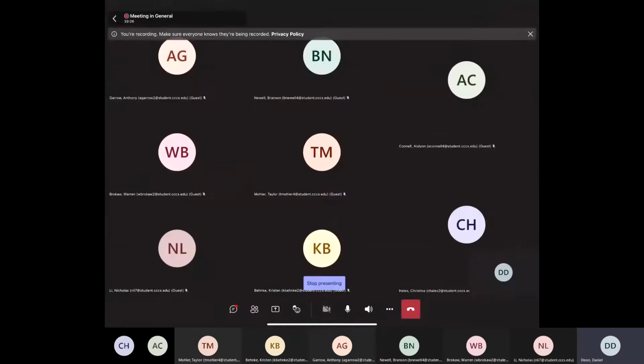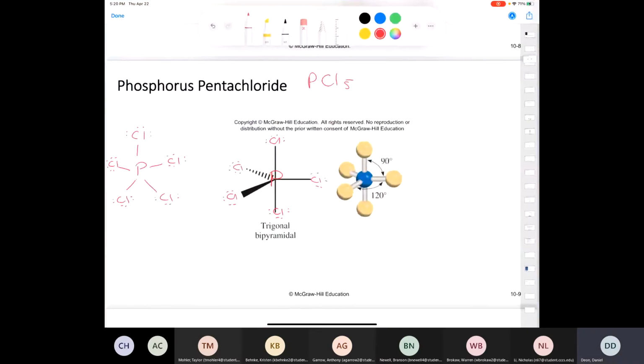All right, here we go. So again, we have these 2 atoms right here, which are 180 degrees apart. You have a 90-degree angle between the axial position and the equatorial position. And then you have a 120-degree angle between all the equatorial positions. So I'm going to color code these here.